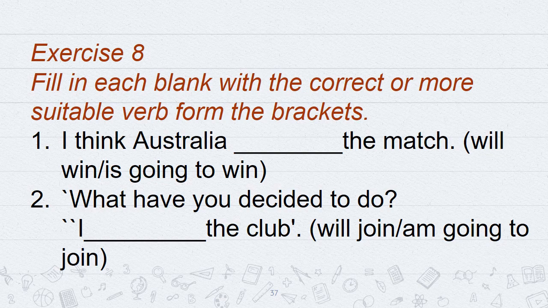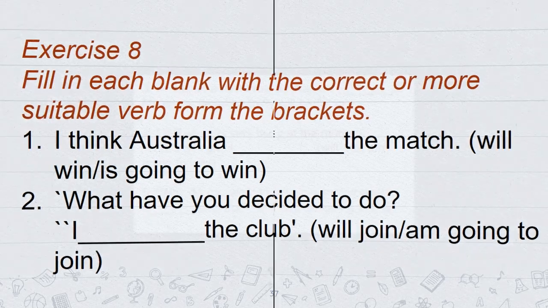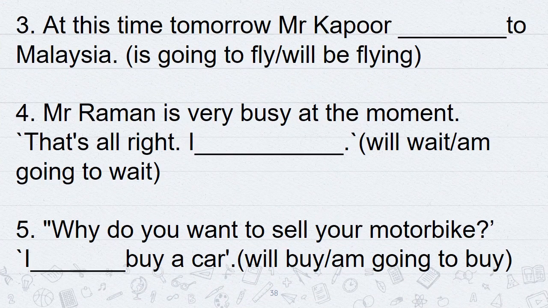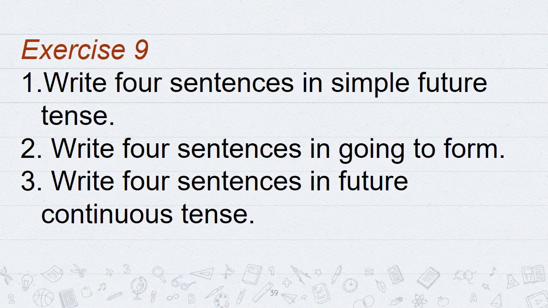Exercise 8. Fill in each blank with the correct or more suitable verb from the brackets. Do it. The rest of the parts of the same exercise which began just now, exercise 8. Now this is exercise 9.